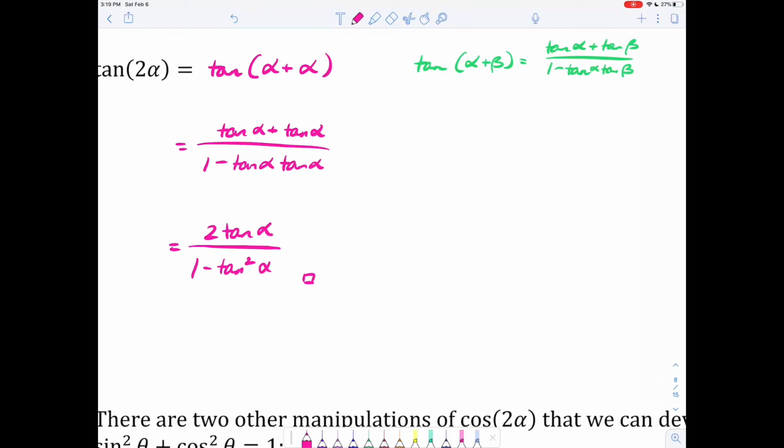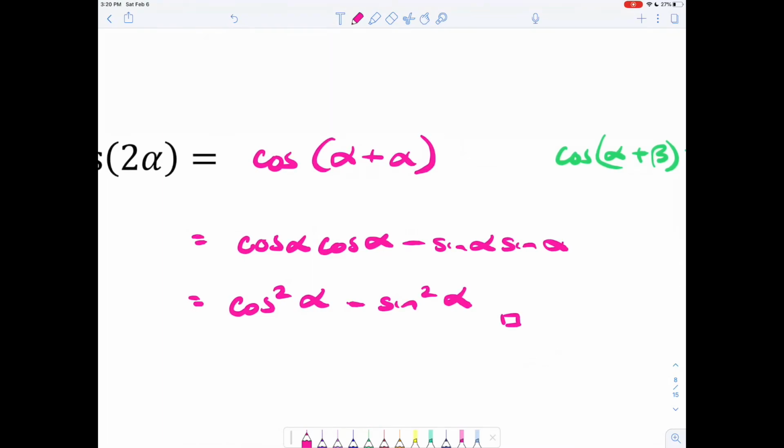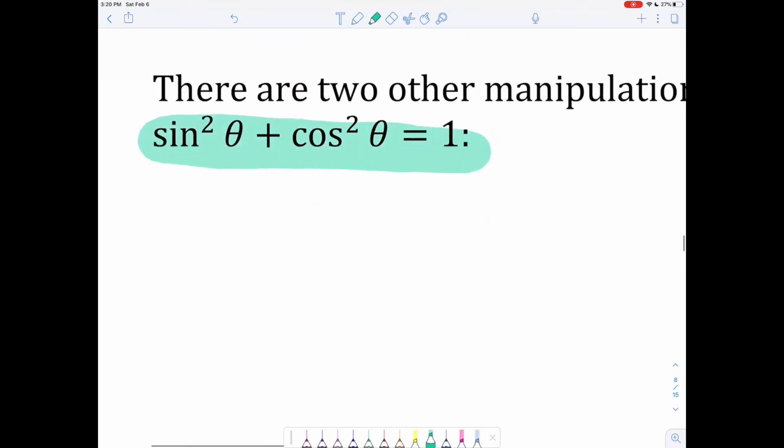Again, not necessary to memorize all those, but can be helpful just to have the understanding as to where they come from. Of special note is just this one for cosine, that we've got cos of 2 alpha is cos squared alpha minus sine squared alpha, and we can actually manipulate this a couple ways, and it's just based on the fact that sine squared theta plus cos squared theta equals 1.